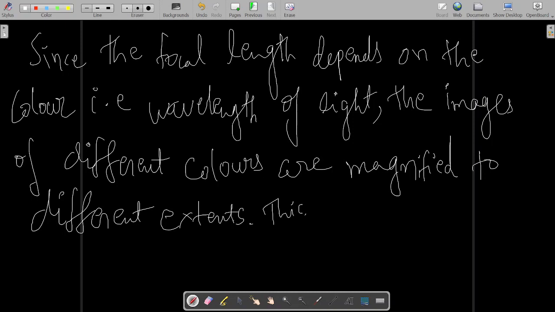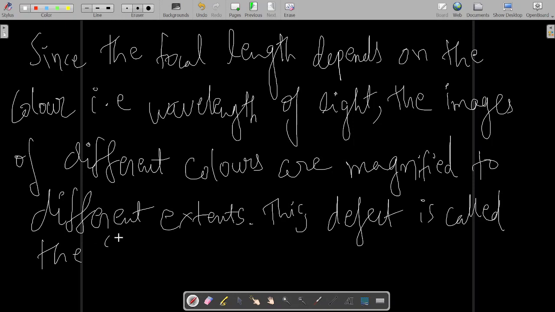This defect is called the lateral chromatic aberration.